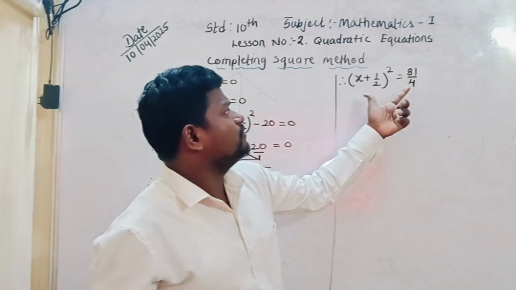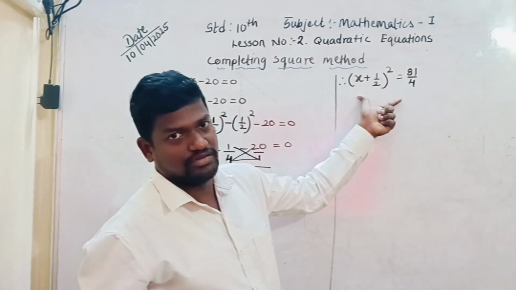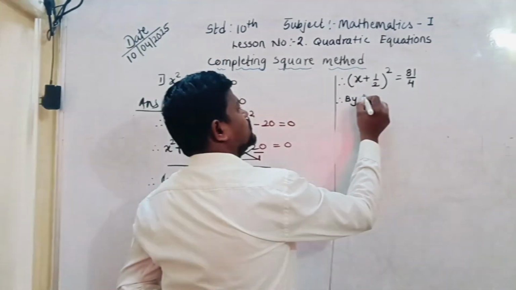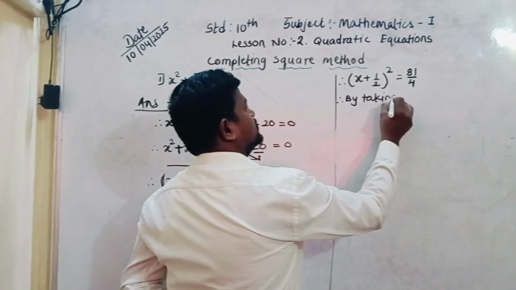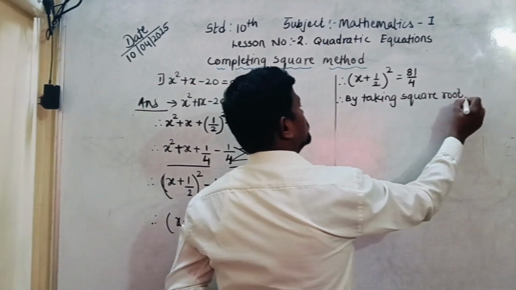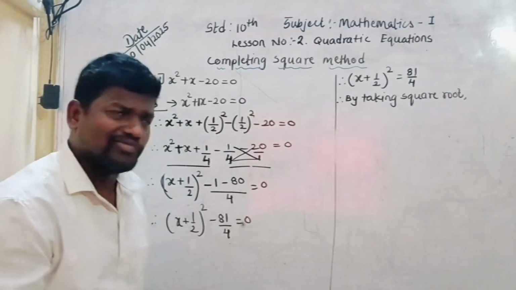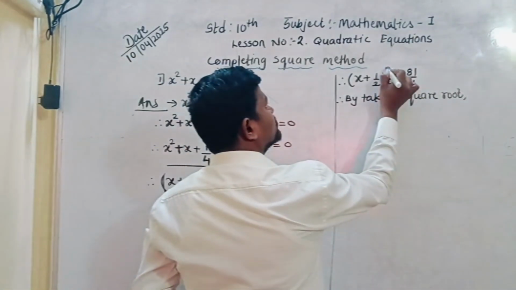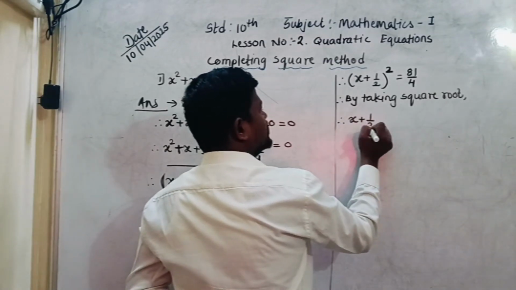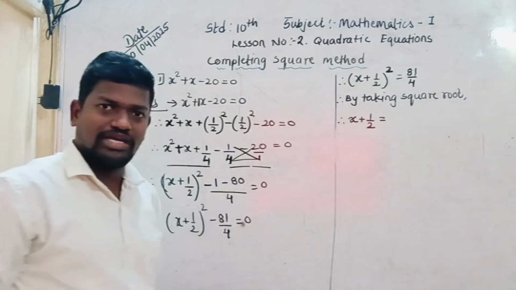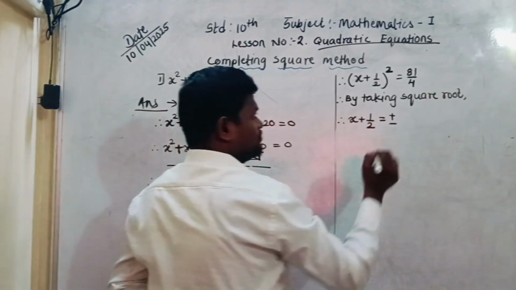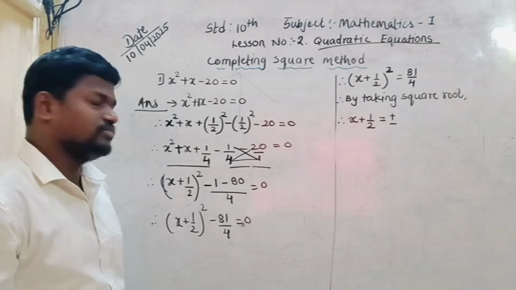See, when we get this type of equation, then we take the square root. So by taking the square root, see, the square is here, so we write down only x plus 1 upon 2, then give the equal sign. We are solving a quadratic equation, so we have to write plus minus for taking the square root.